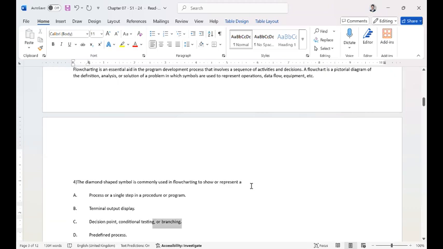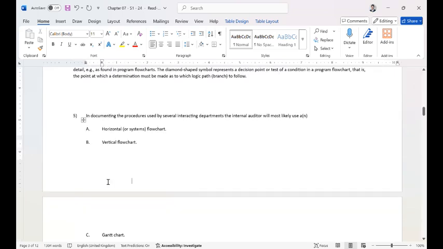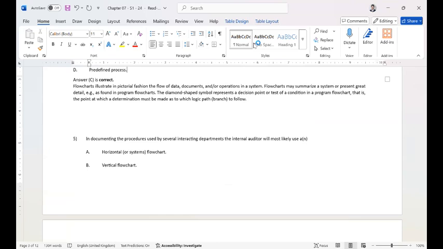Is it C? Any other answers? C. Yeah. Can you read the answer, please?